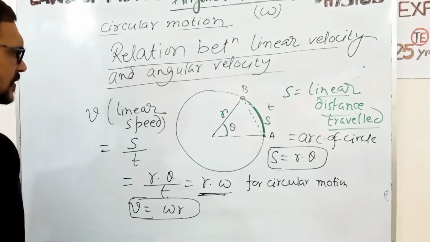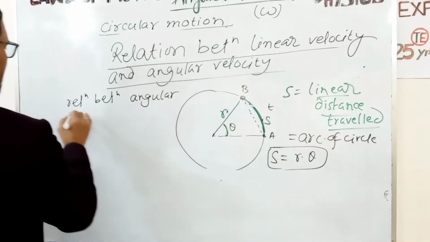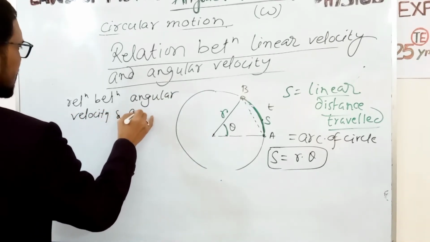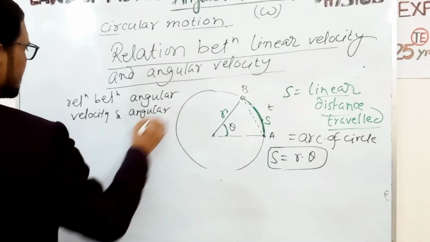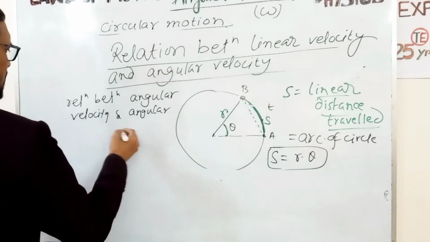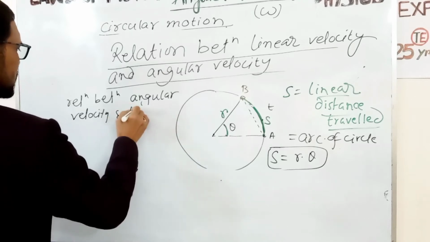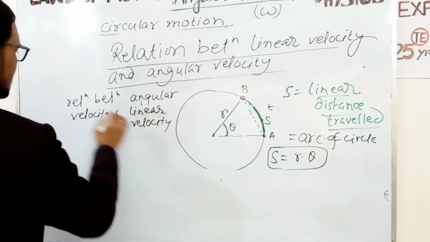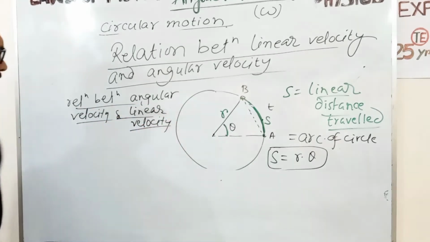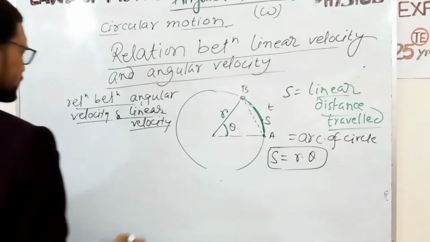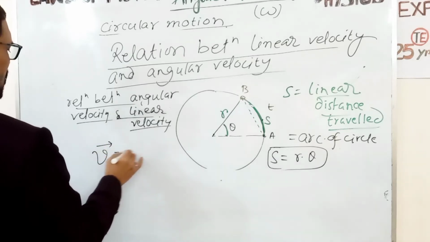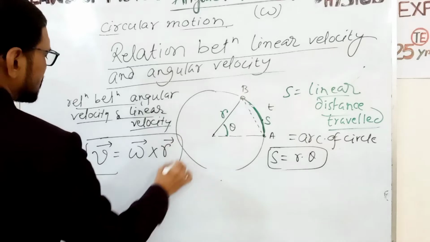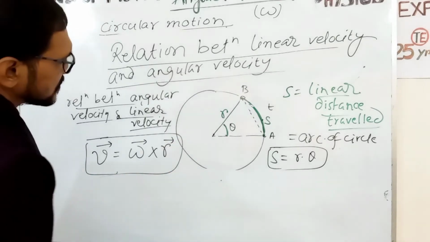Now, angular velocity and linear velocity. Actually the relation is v equals omega cross r. This is the general relation, valid for any type of motion.